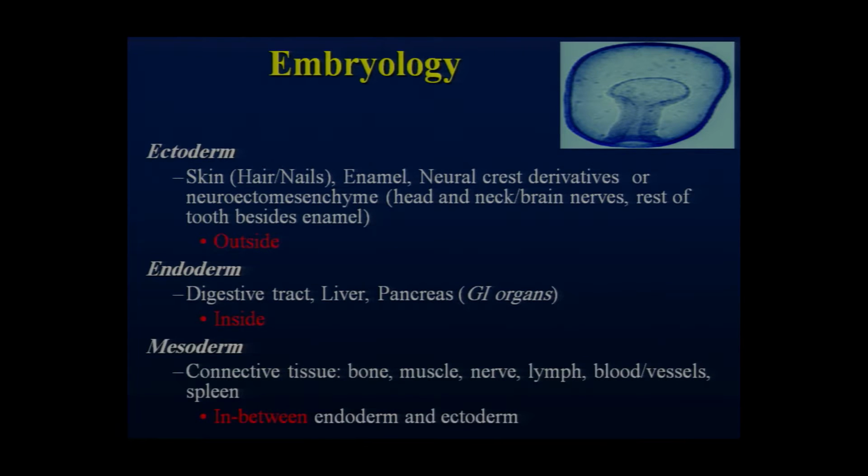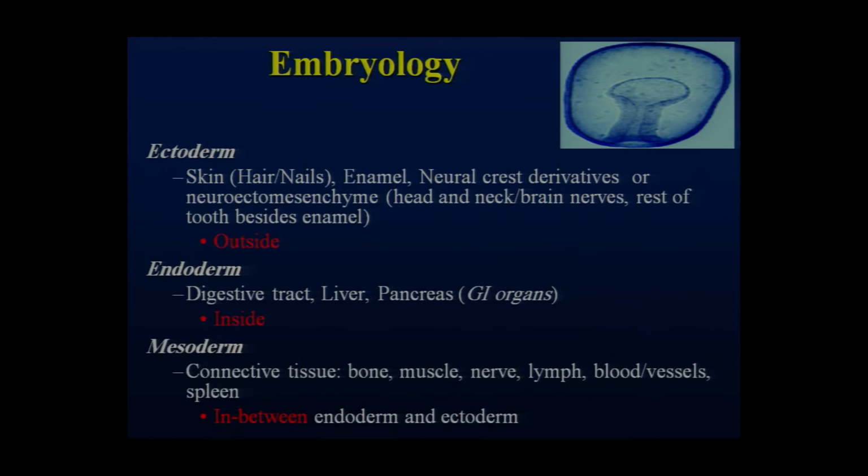This is very unique to the head and neck structures, because other nerves are actually connective tissue and are mesoderm, right? So ectoderm, and then endoderm is digestive tract, which includes the liver and pancreas, because those are digestive organs, right? And then mesoderm, your connective tissue, which is bone, muscle, nerve, lymph, blood, and vessels, the spleen, splanchnic mesoderm, all right?